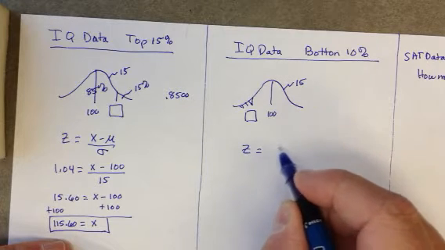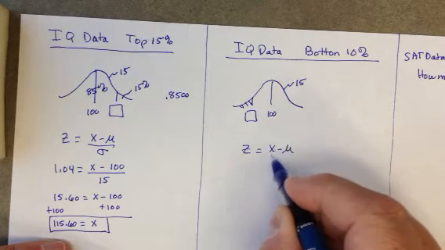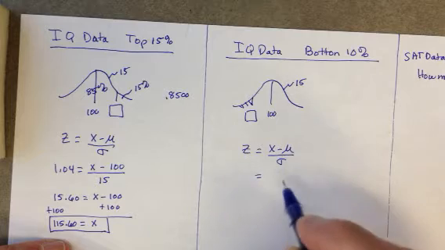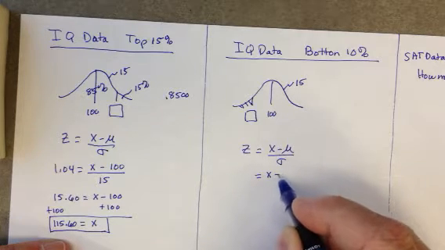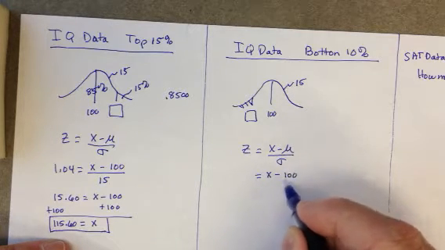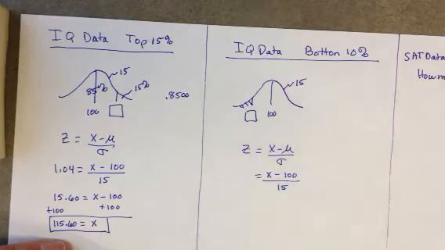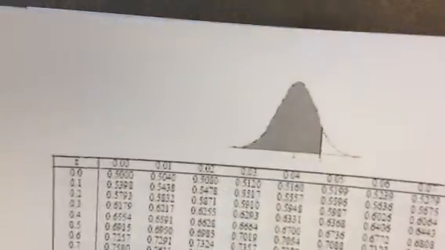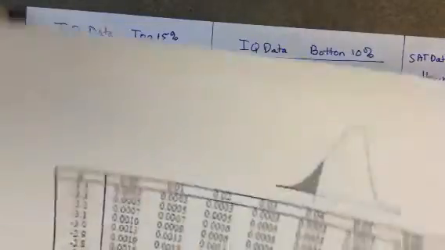We go back to the same z formula, but now we use a different table. Let's fill in what we know. We know that the mean is 100 and the standard deviation is 15. Now we've got to find the right z. I'm not going to use this table, but actually this one, because it's all the way in the left tail.